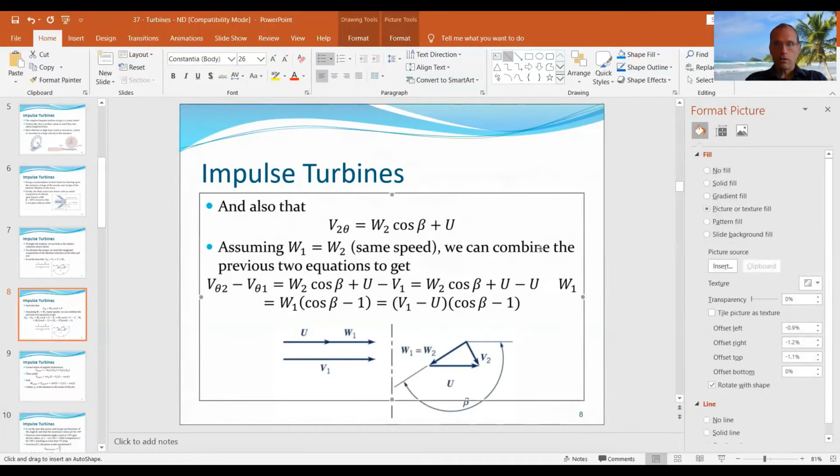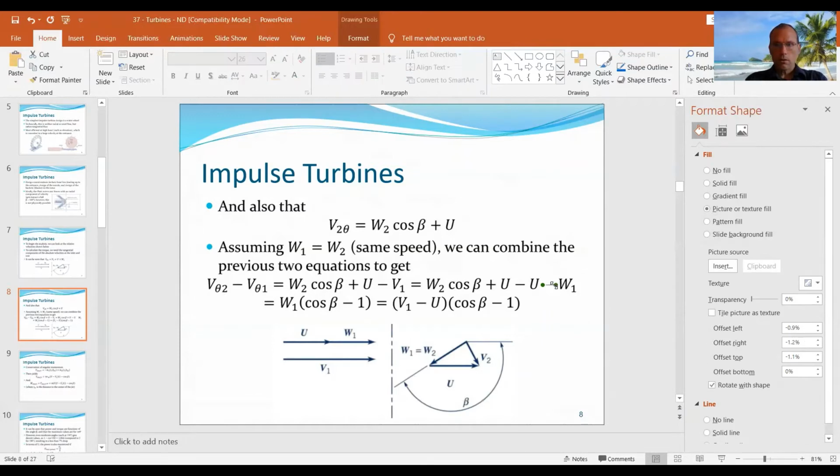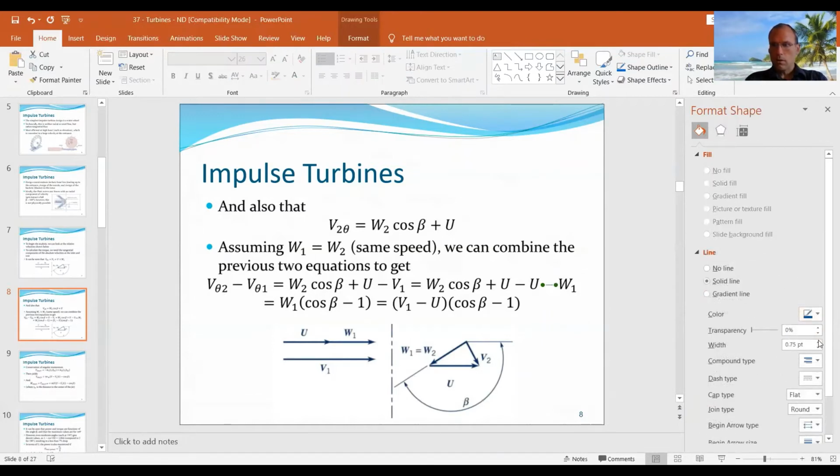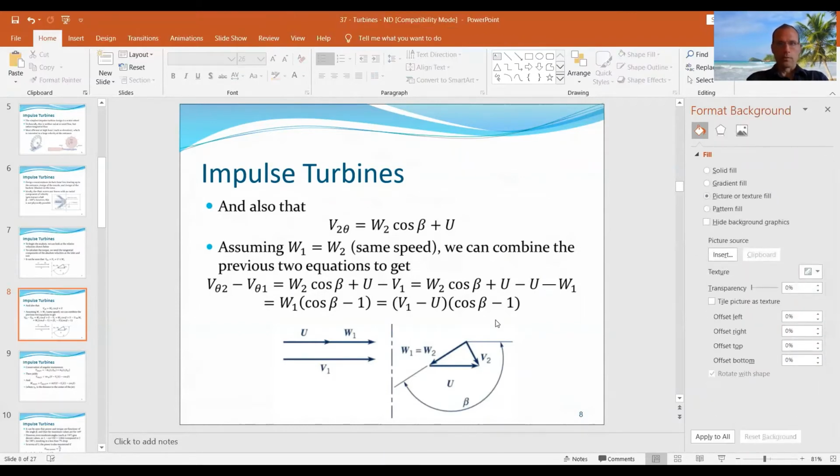There we go, that's better. So W2 cosine beta minus W1, which is W2, same thing. Then pull that out, and I get cosine beta minus 1, like I showed down there. So, back on track.